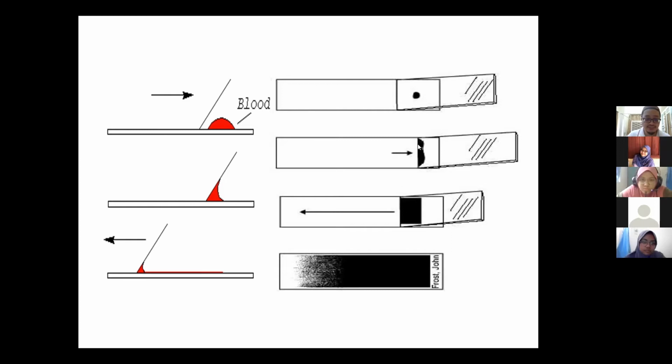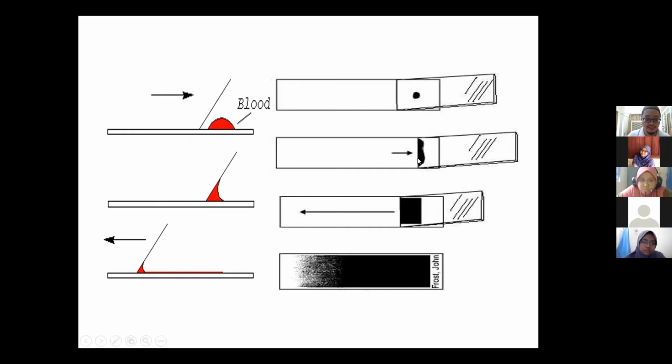If we don't need to wait, nanti terkeluar habis pula. About 80 to 90% is enough. Janganlah only about 50%, nanti tak sempat nak leretkan dia. So about 80 to 90% is enough, and then you push forward, okay, and then it will produce a smear like this, yang bawah ni.